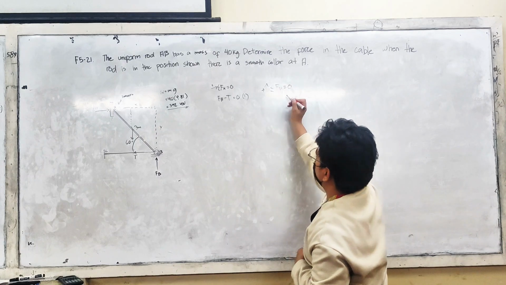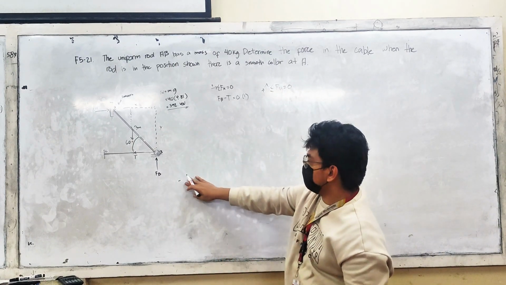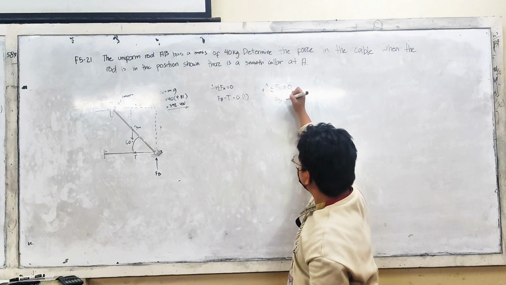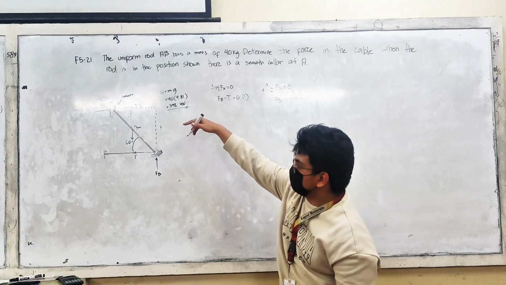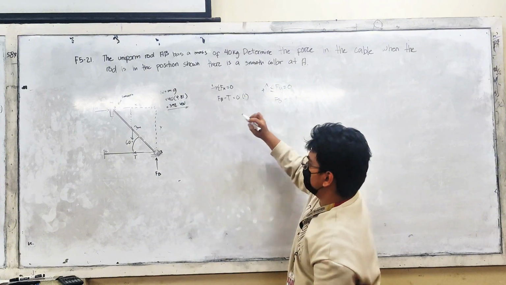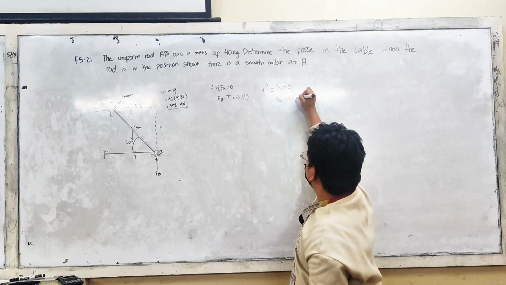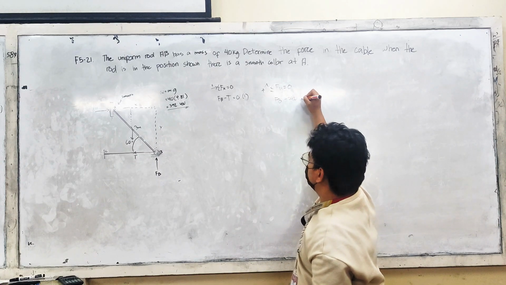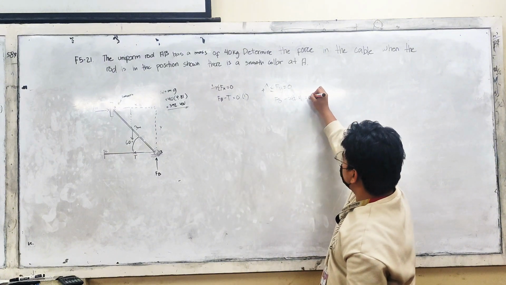So here we have our FB, which is positive because it goes up, minus our force, which is negative because it goes down, 392.4, is equal to 0.